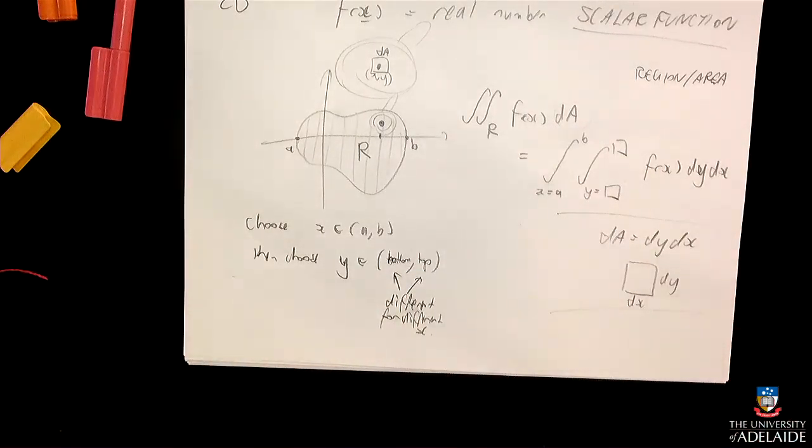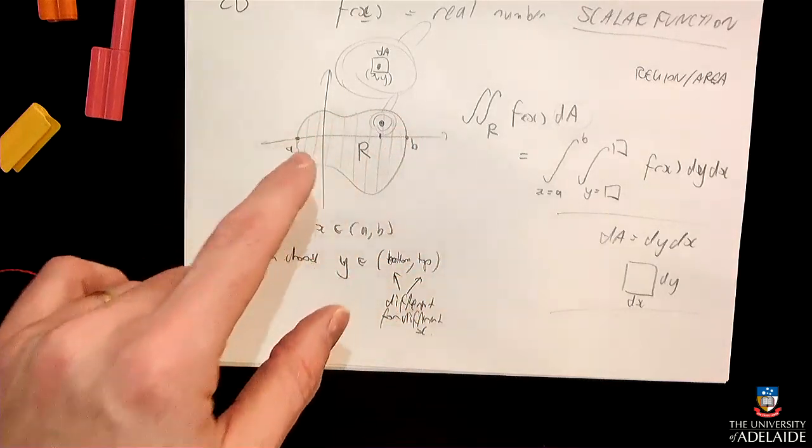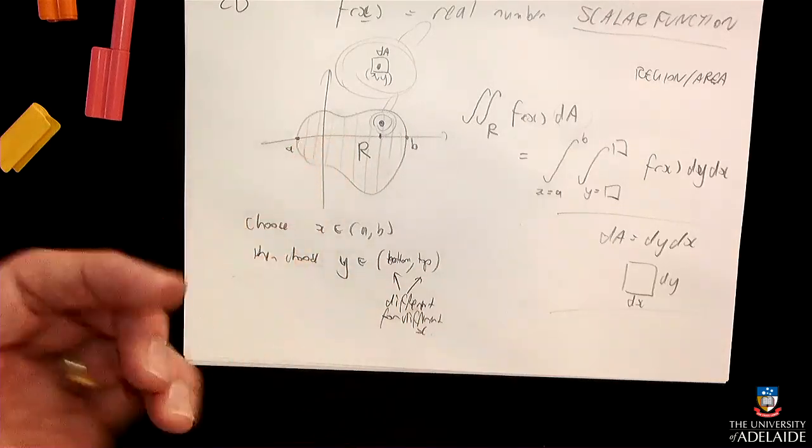Okay, so what can happen is that you might not like your coordinates to be in terms of x and y. If you're extremely lucky, you may be able to locate a point in this region instead of by x and y coordinates, by some other parameters.